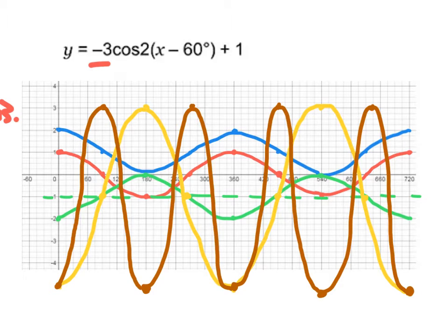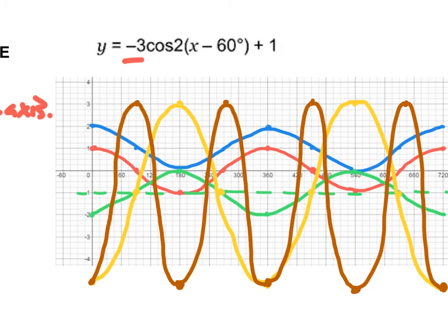And then the next one, we want to shift everything to the left 60 degrees. I'll do the final one in black. I'm going to shift everything over 60 degrees.